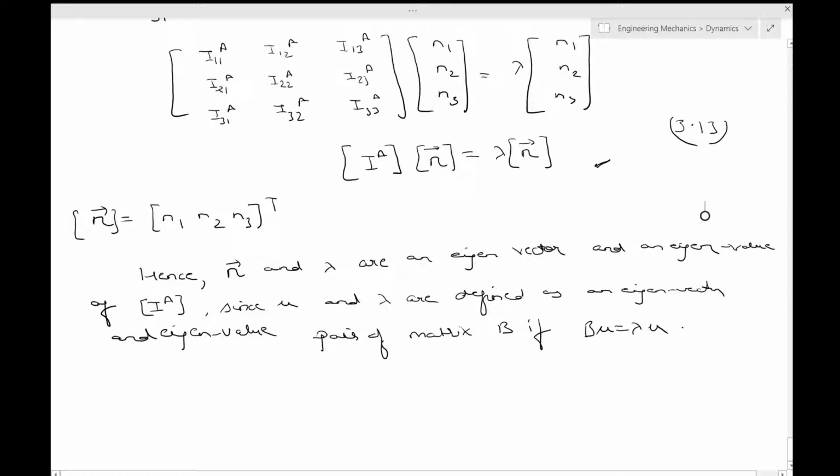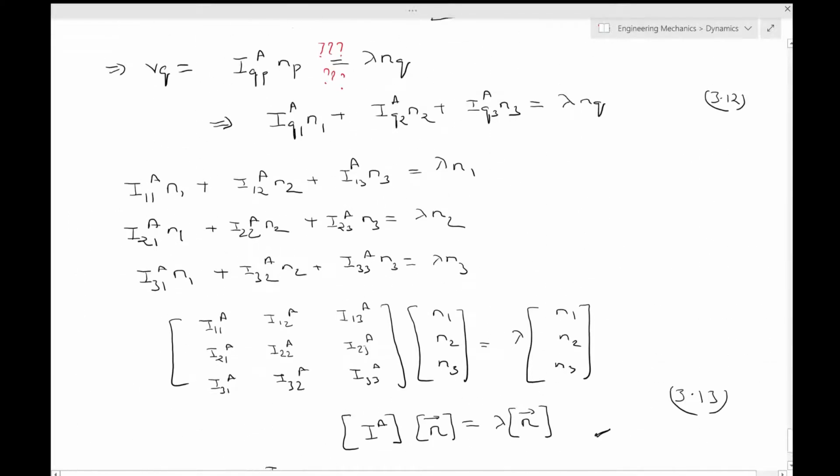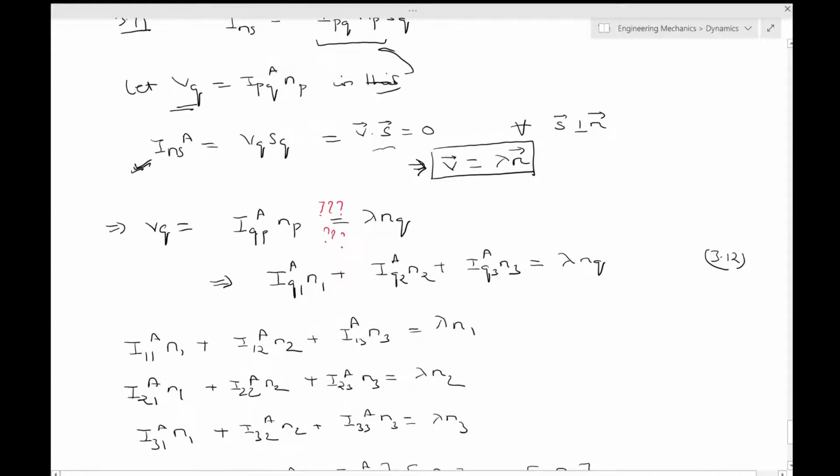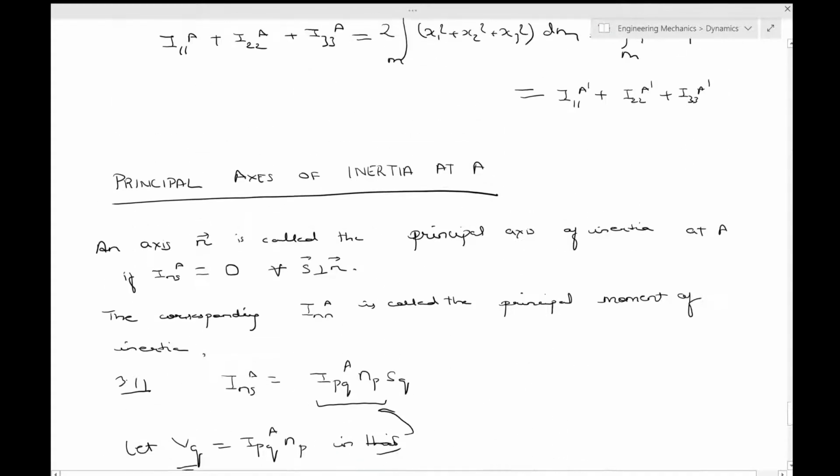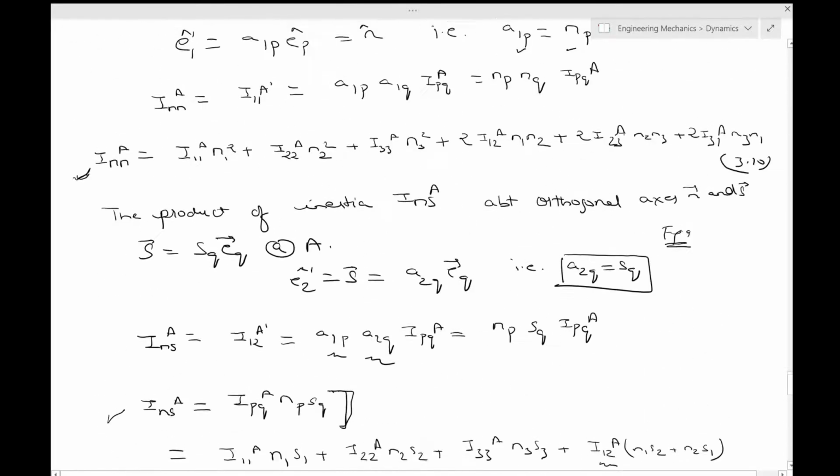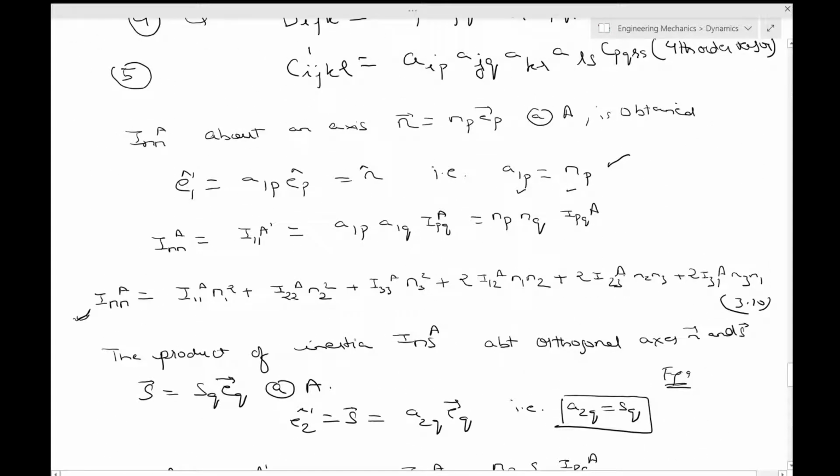Now you want to combine 3.10 and 3.12. So 3.12 is this one, where V_q is written as this. 3.10, on the other hand, is I_nn, because this is the principal moment of inertia.